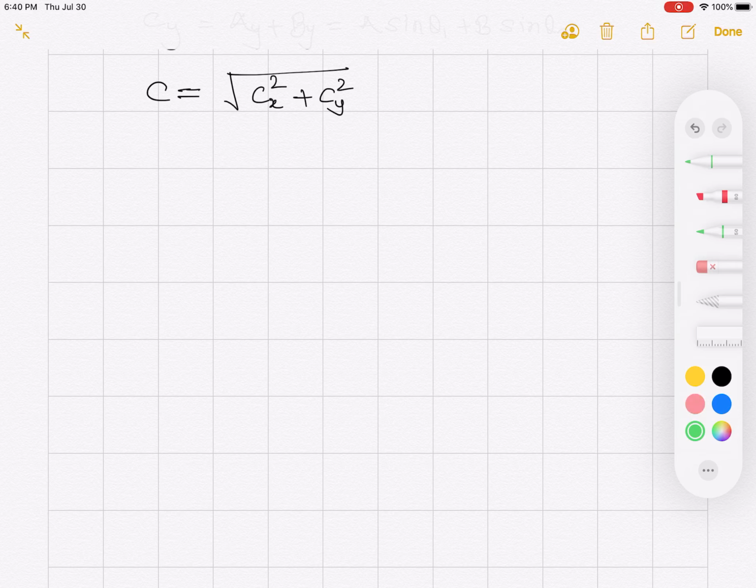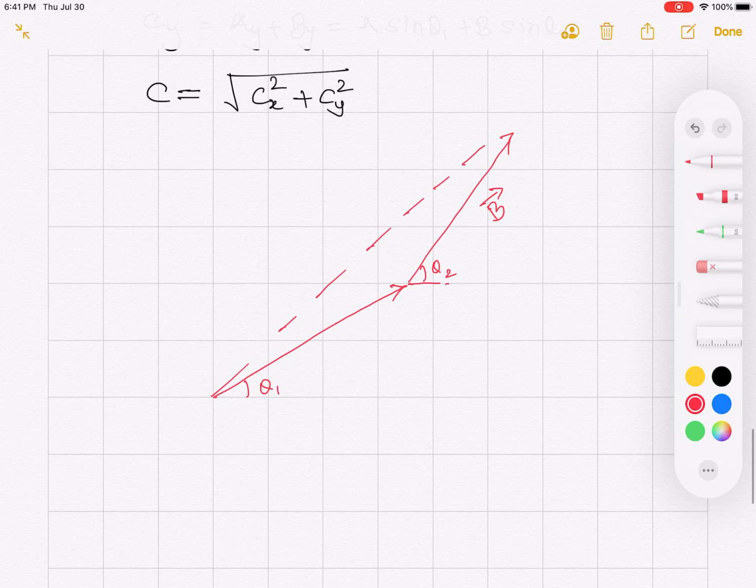So let me draw first the vector A. This one is angle theta 1, and this is angle theta 2. This one is vector B. Yeah, this is the correct way. So this will be your resultant vector C, and we need to figure out this angle, suppose phi.